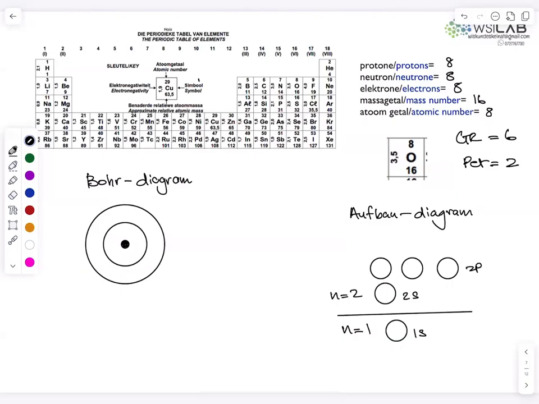So it would be 2 in the first energy level. And then there would be 6 in the outer one.